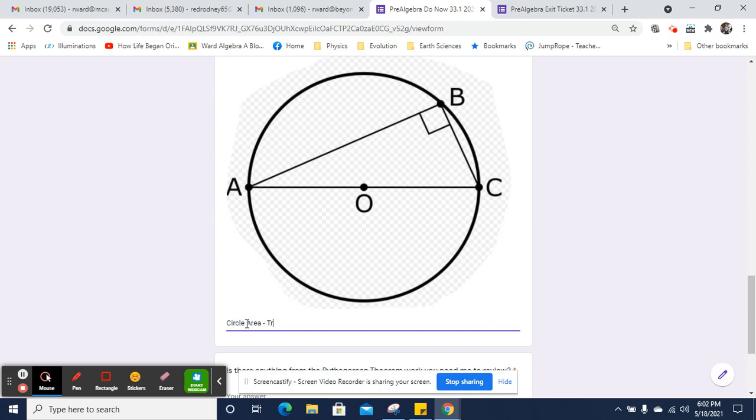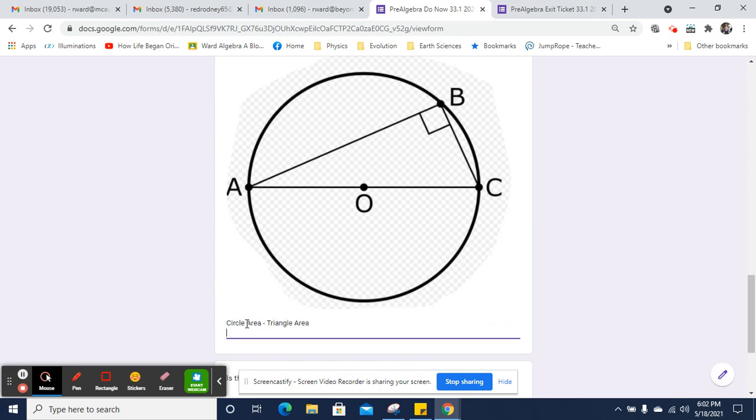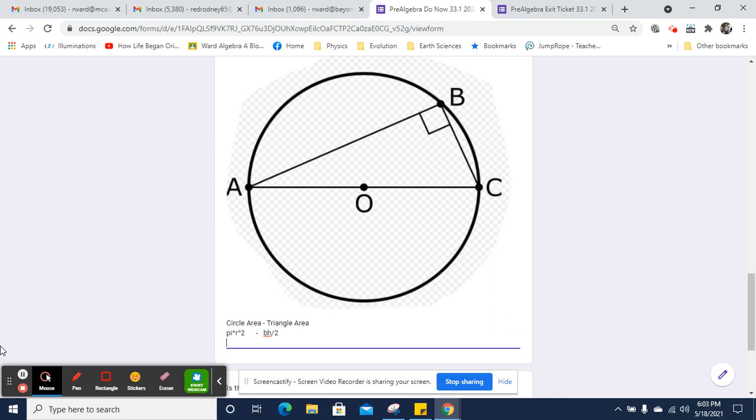Circle area is going to be pi times radius squared, and we're going to subtract triangle area, which is going to be 1/2 base times height, or base times height divided by 2.